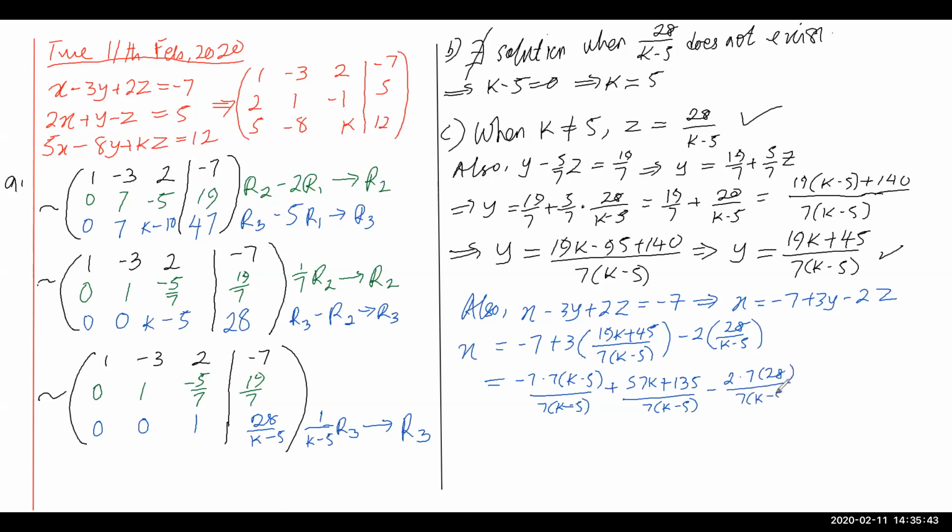7k minus 5. Does this make sense, everyone? So this becomes a single fraction. So this is negative 49k plus, what is 49 times 5?